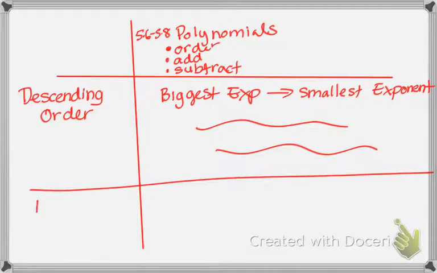And we're going to say ascending order. What does that mean? Go, Alec. It means you're going from the smallest exponent to the biggest exponent.